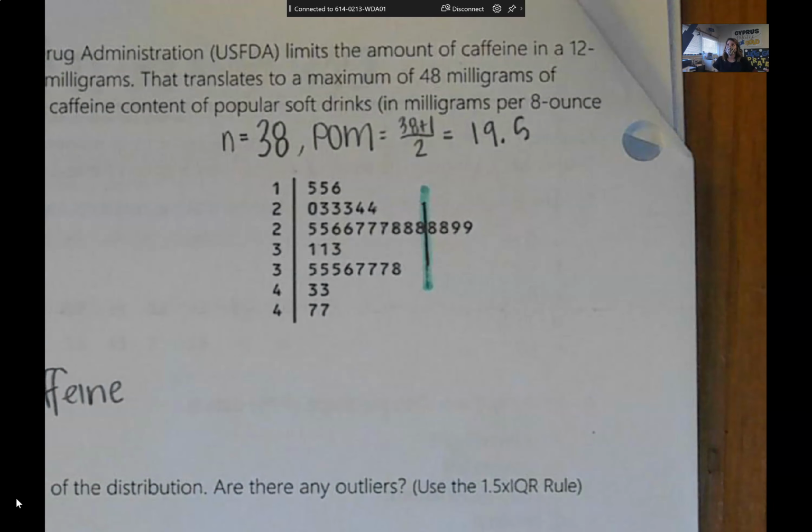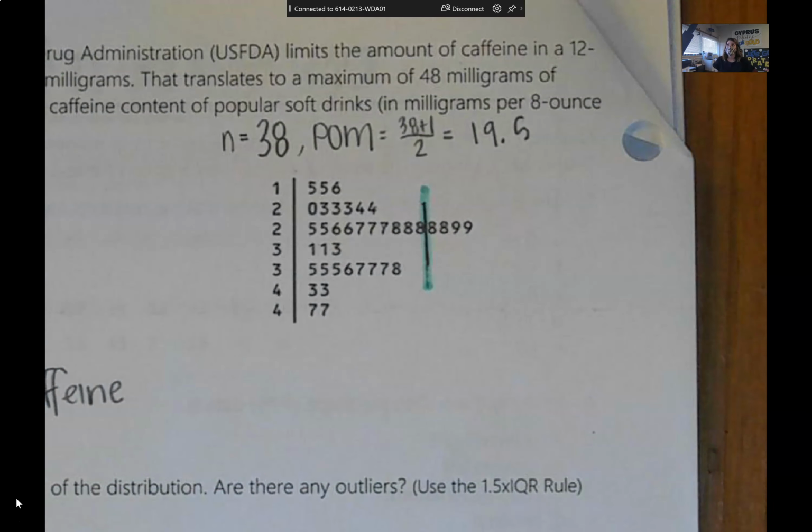Your median is between the number 28 and 28. There is nothing between 28 and 28, which means your median has to be the number 28. If you're using the formula, you would do 28 plus 28 divided by 2.